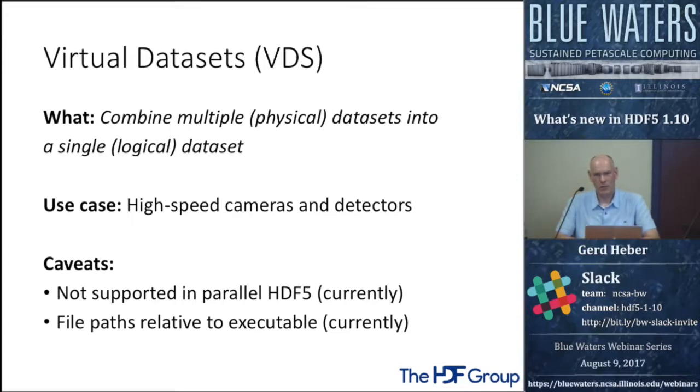But then, of course, for analysis, you would like to recombine them in different ways, in the sense of a spatial decomposition where you have a large domain and you tile it, and each tile is physically a different dataset, but a virtual dataset then lets you recombine all these tiles into one large logical dataset.